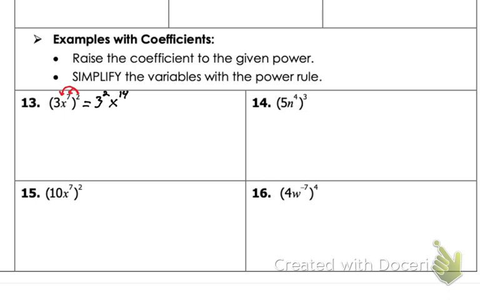So we're going to simplify. 3 squared, is that 6? 3 plus 3? Yes. No, 9. Oh, it's 9. Why is it 9? Oh, 3 plus 3 is 6. It's 3 times 3. So raising to a power is repeated multiplication. We know how to plug that in our calculator, right? So when we get to big numbers, might as well plug in our calculator. But 3 squared should be 9x to the 14th.